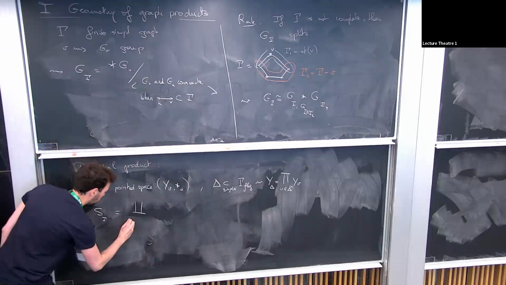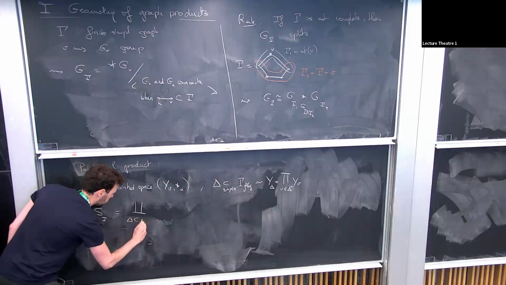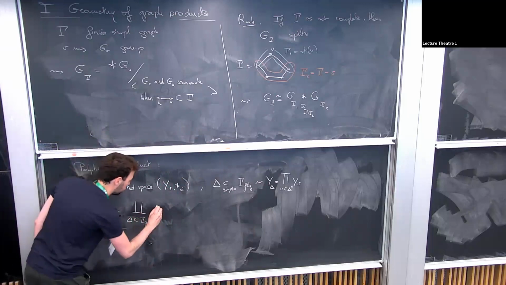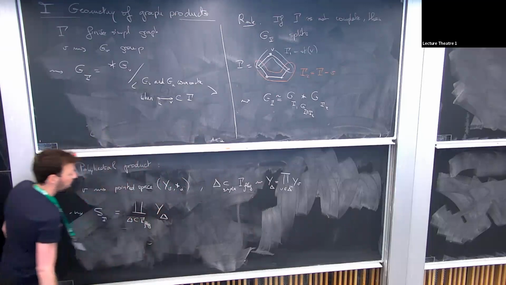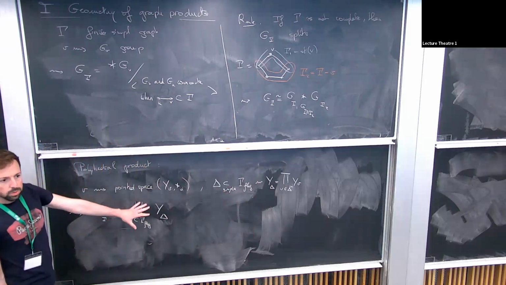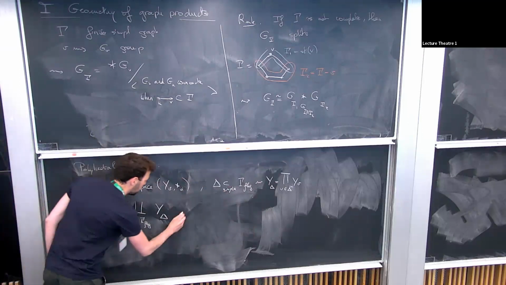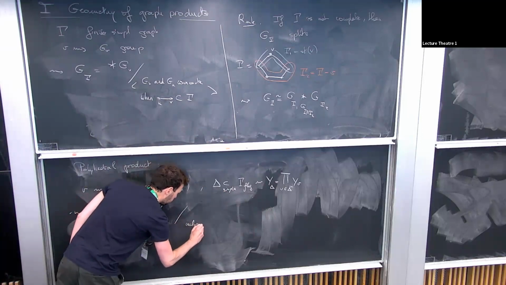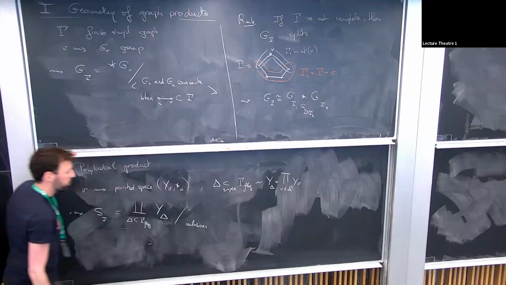And now for all the simplices in the flag completion of gamma, I can take the union of all these sub-direct products and identify them in the obvious way using the various inclusions that you see.